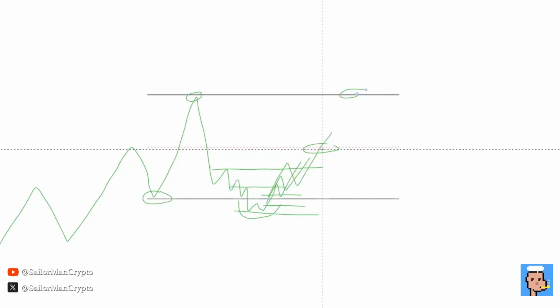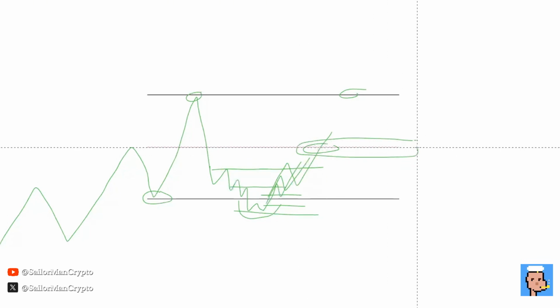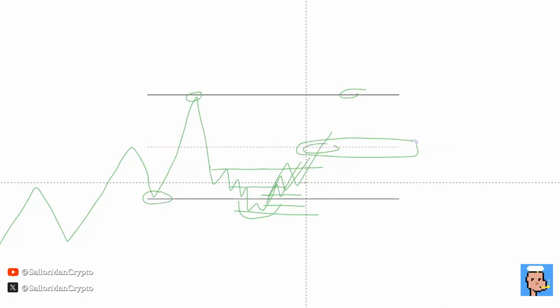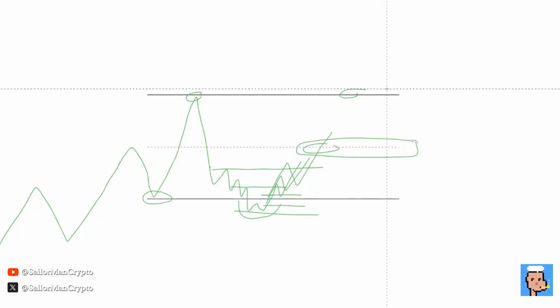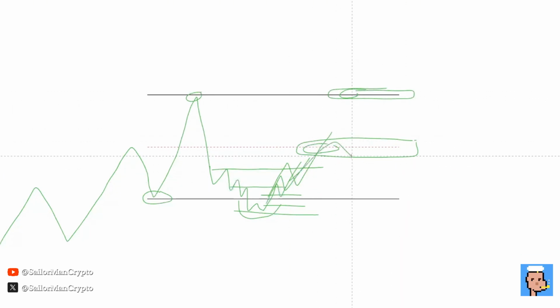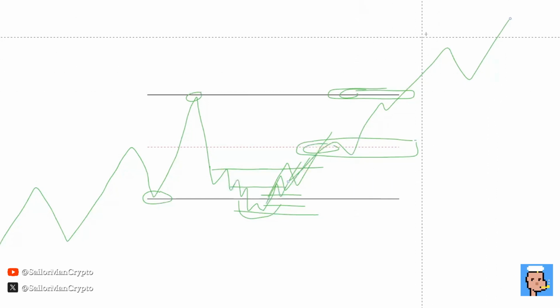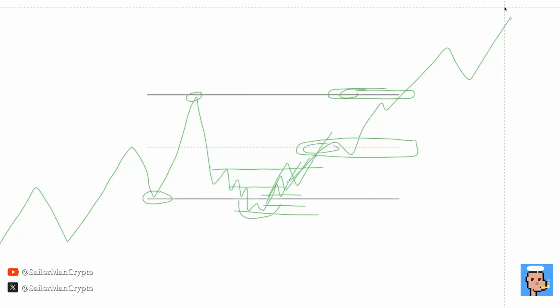My strategy would be to take around 30% at mid-range and move stop loss to break-even, take another 45% at range high, and if you have confidence that the range continues, you keep something as a moon bag, and then potentially the range will break and you will have much better returns.